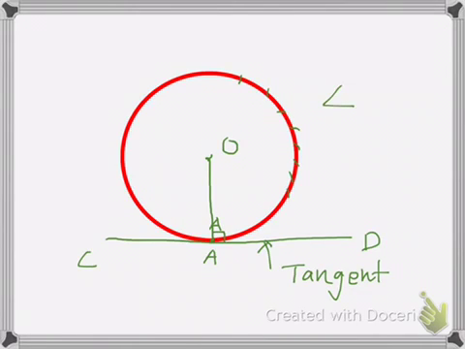We can say angle OAD is 90 degree. That is, if we draw a line from the center of the circle to the point on the circumference from which the tangent line passes, then it makes 90 degree to the tangent.